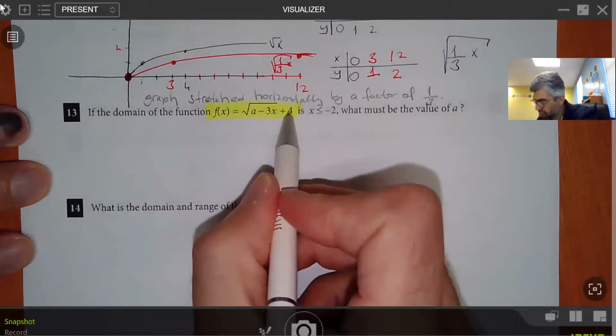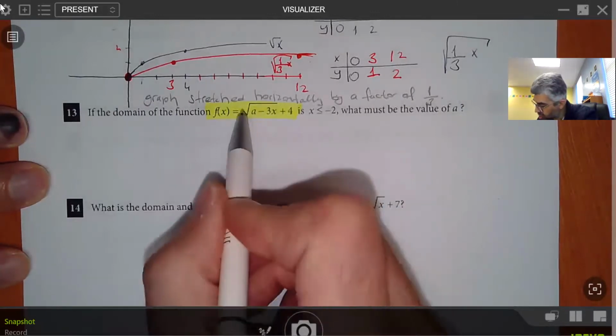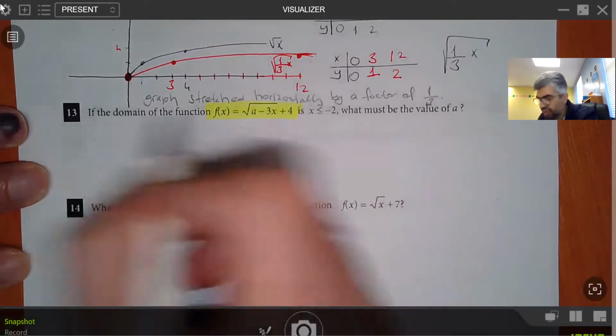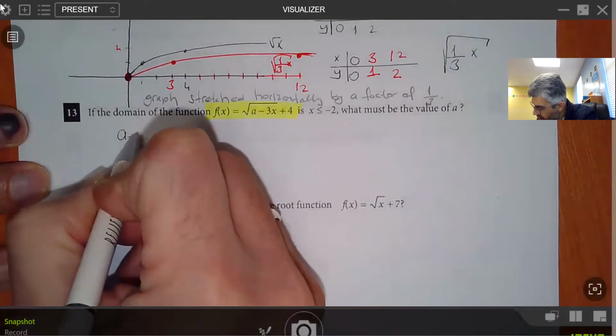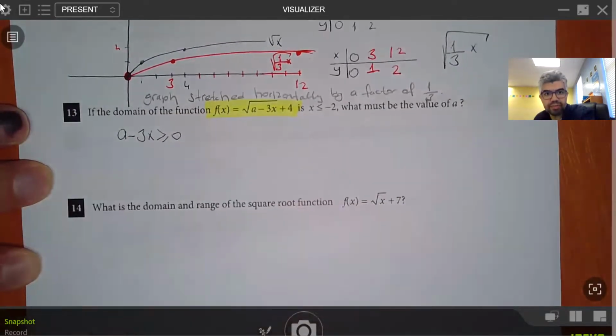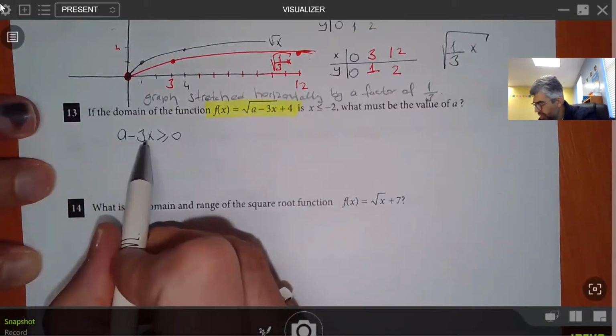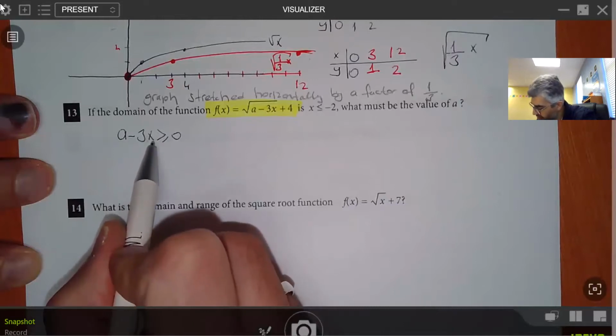So plus 4 doesn't make any difference for the domain. So a minus 3x, since it is in a square root, must be what? a minus 3x must be greater than or equal to 0. This should be the domain. So let's solve this inequality for x.